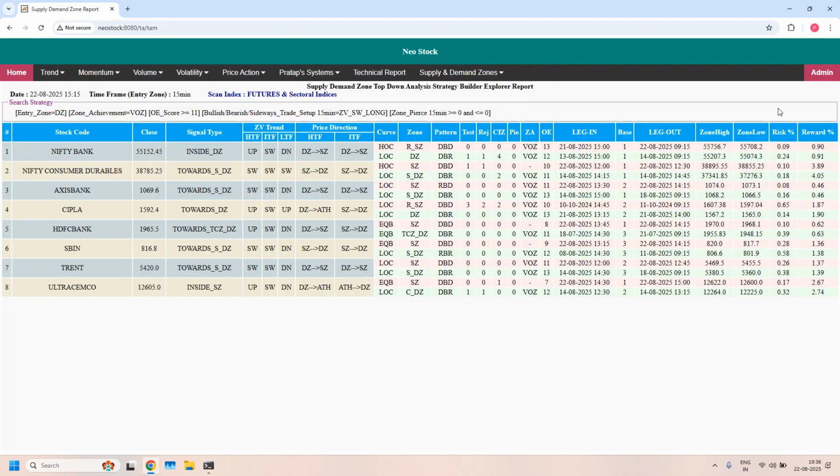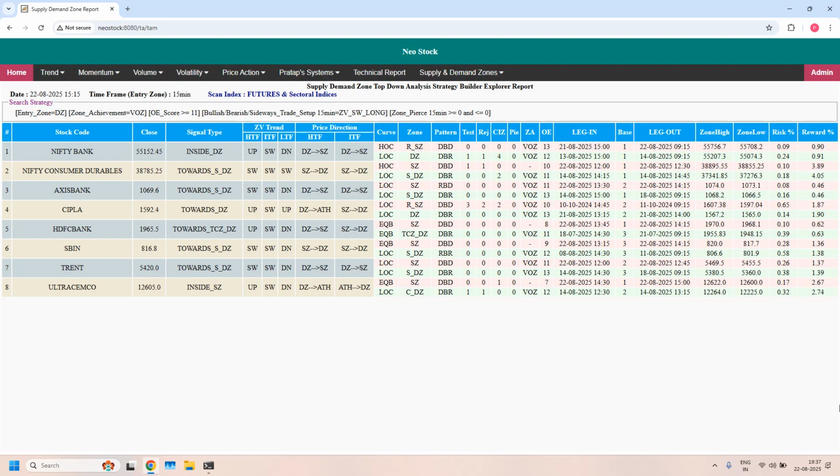Let's filter. We got 8 stocks supporting sideways long trade setup for daily income trade, and entry time frame zones are 15 minutes demand zones. So total we got 8 stocks.